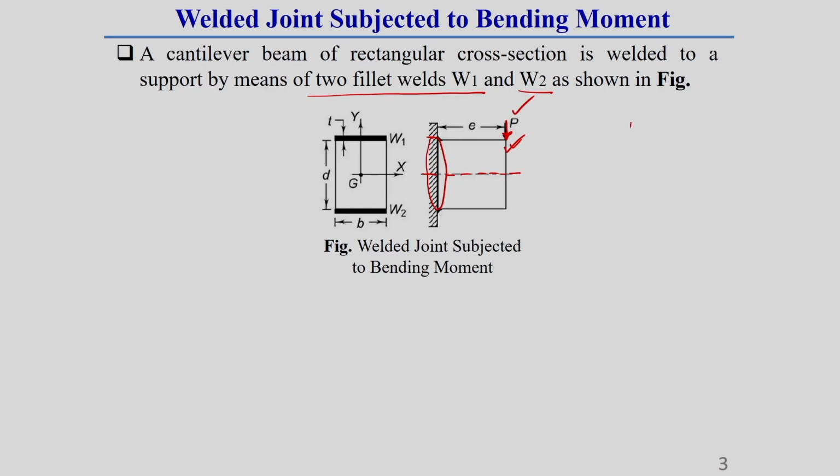In the previous topics I discussed, the weld was along the same plane as the structure. In the last class we discussed eccentric loading of a bracket, where the plane of the bracket and the weld plane were the same.